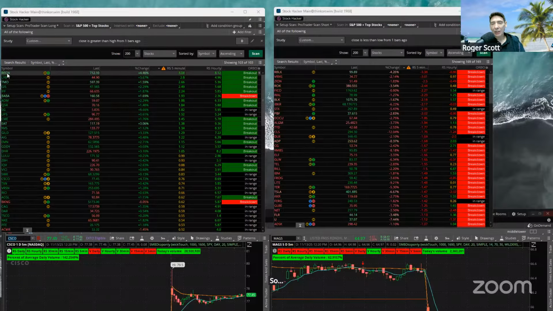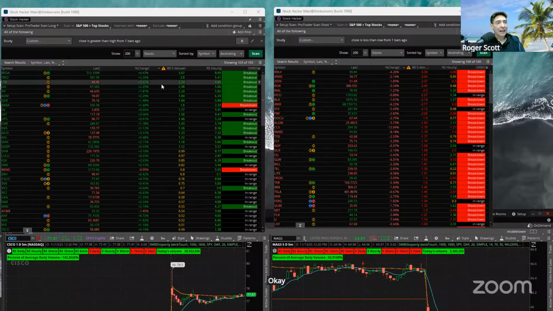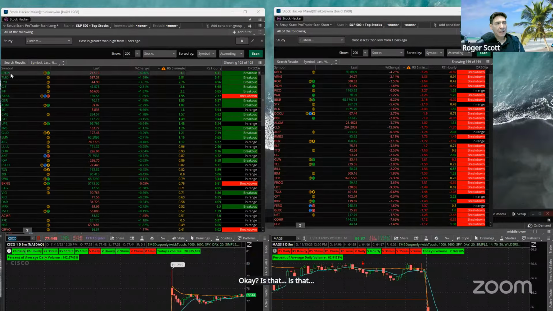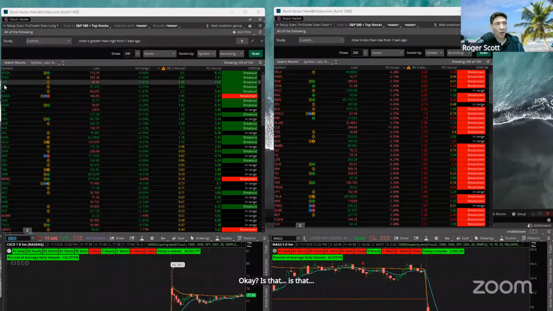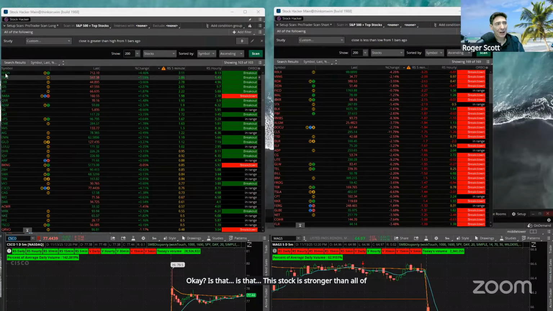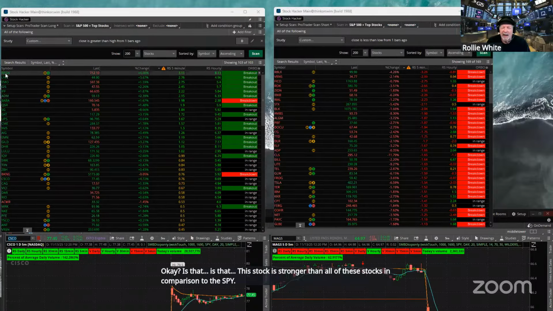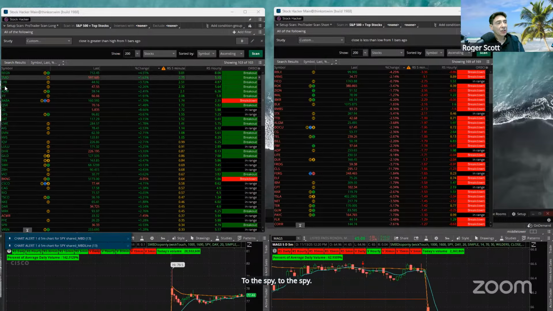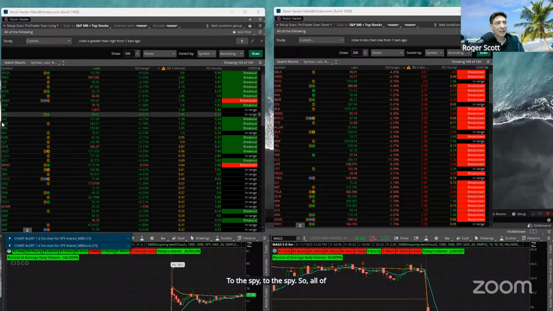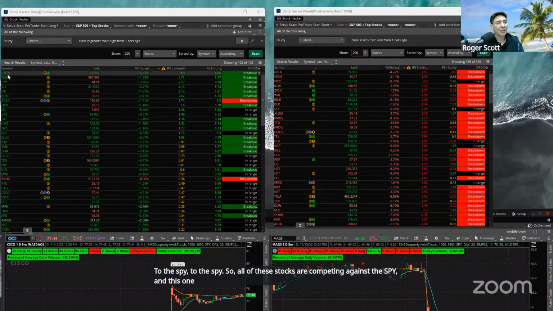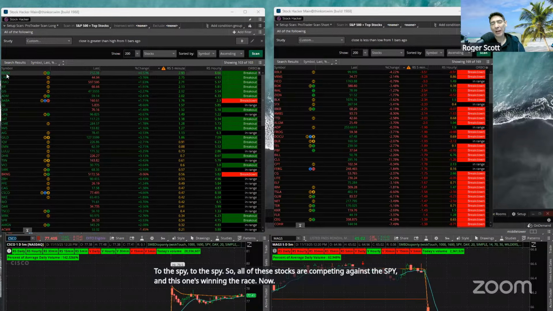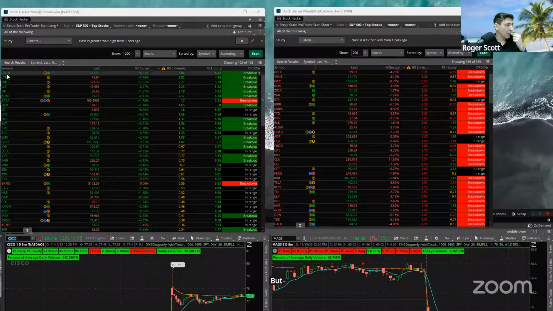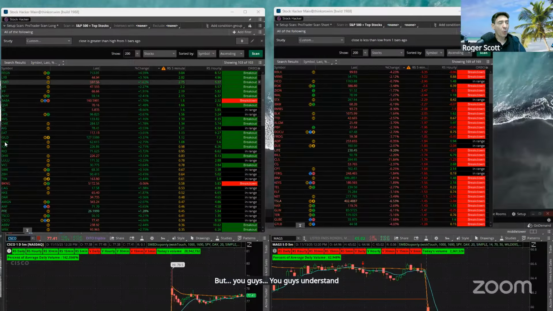What this is showing us right now is that this stock is stronger than all of these stocks in comparison to the SPY. So all of these stocks are competing against the SPY, and this one's winning the race. Now, does it mean this is the stock to buy? Absolutely not. We have to go through several things, but you guys understand how important this is.